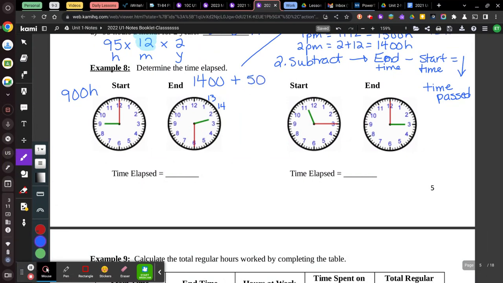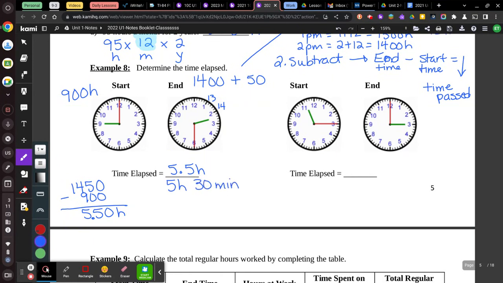Okay, 50 is half. So now we're going to have 1,450 subtract 900. That's going to give us exactly 550, which means 5.5 hours. So 5.5 hours passed, or 5 hours and 30 minutes.